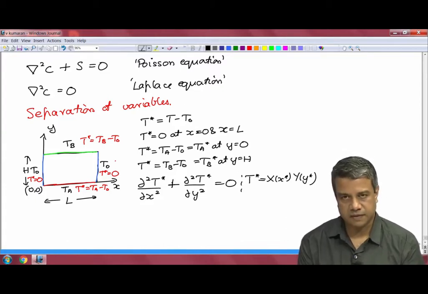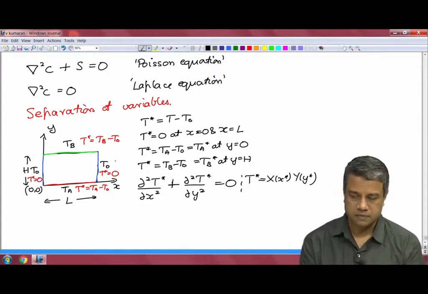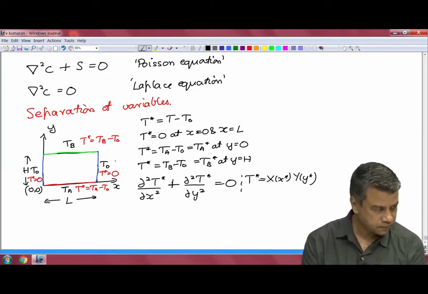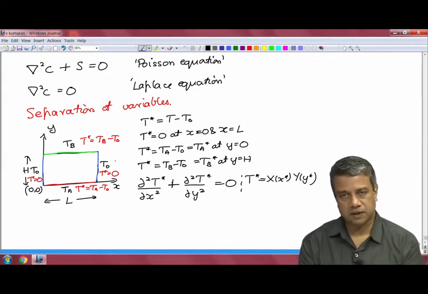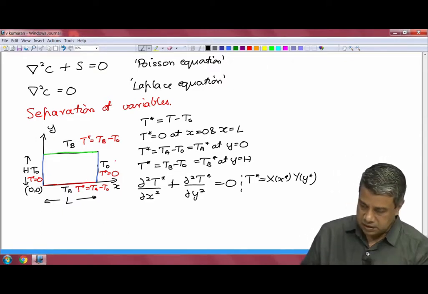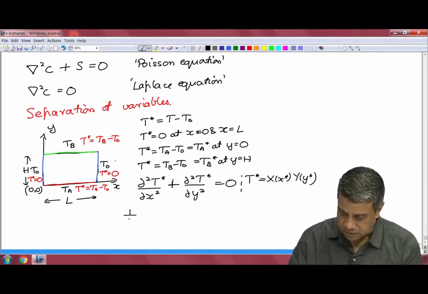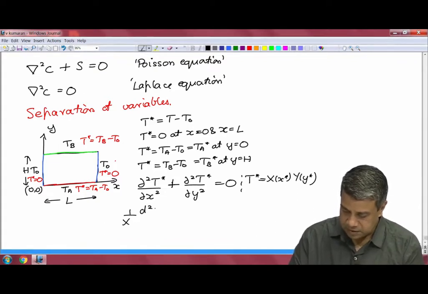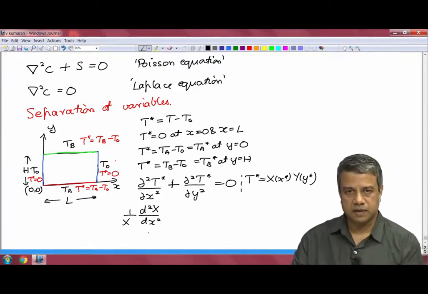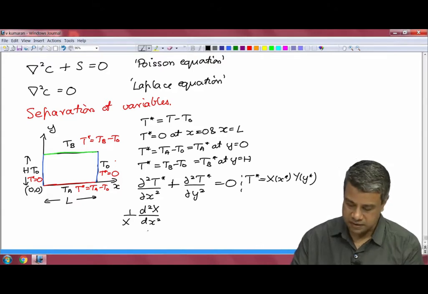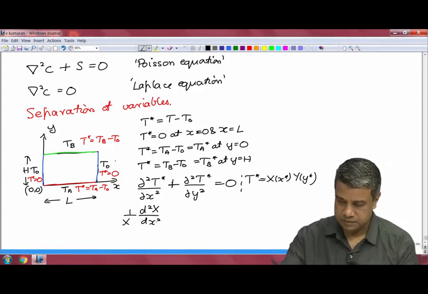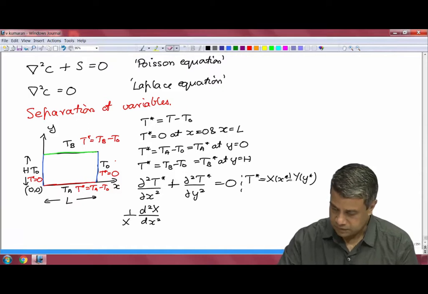X is only a function of x star, Y is only a function of y star. Substitute that into the equation, divide throughout by X star times Y star and you will get 1 over X, d square X by dx square. Note now it is a total derivative because capital X is only a function of x star. I am sorry, it is only a function of x.